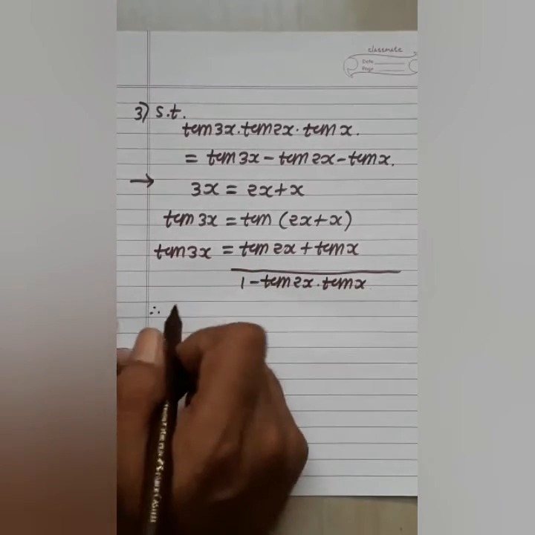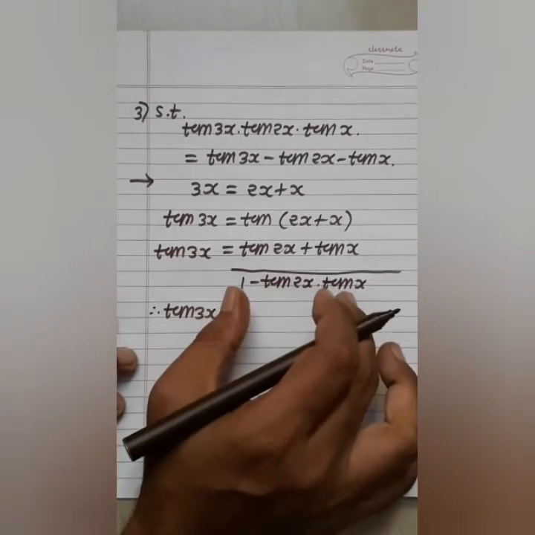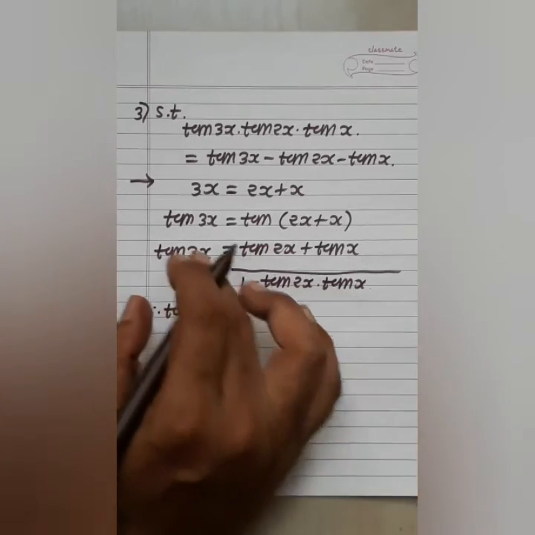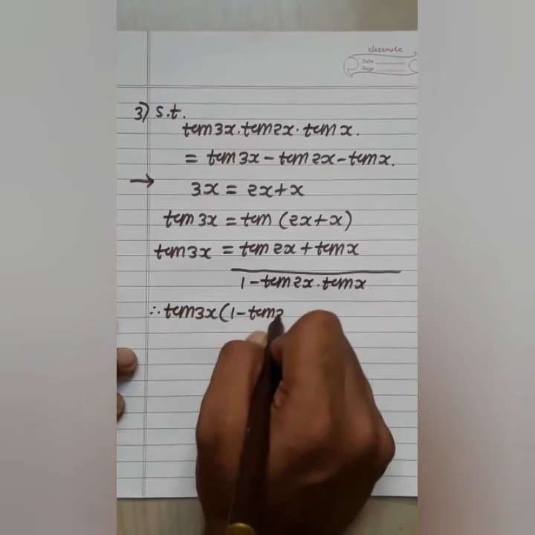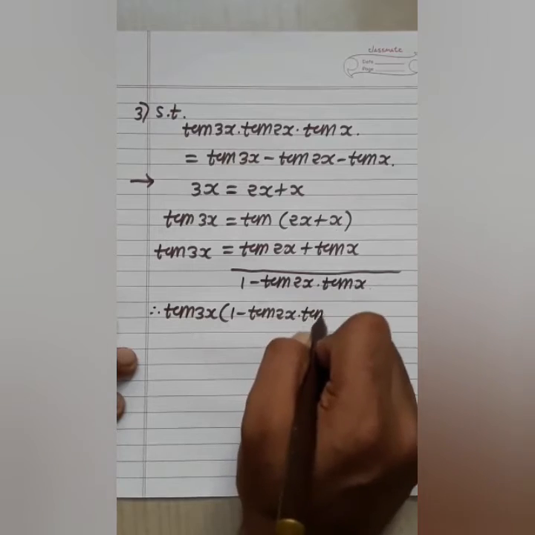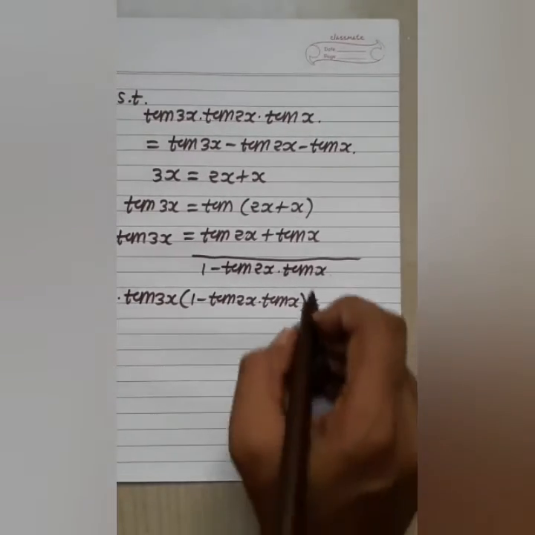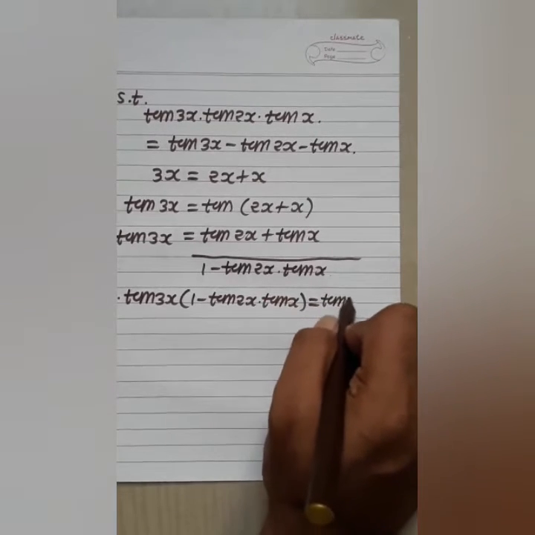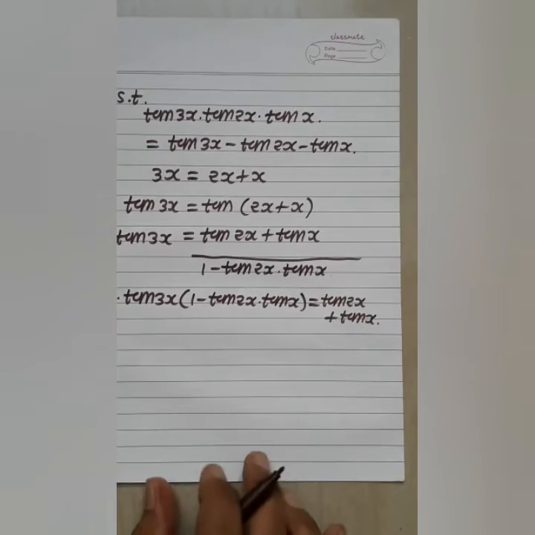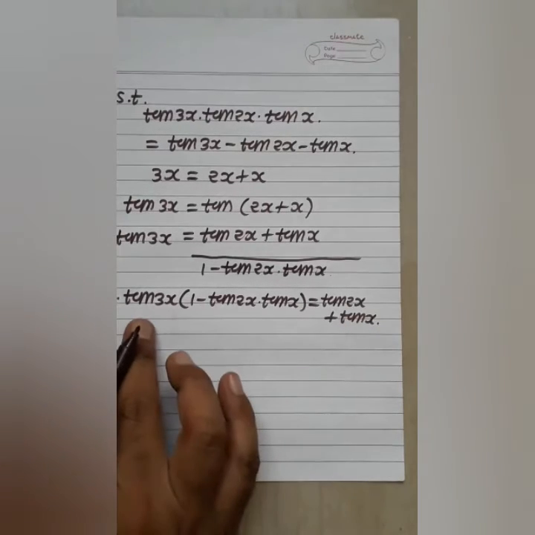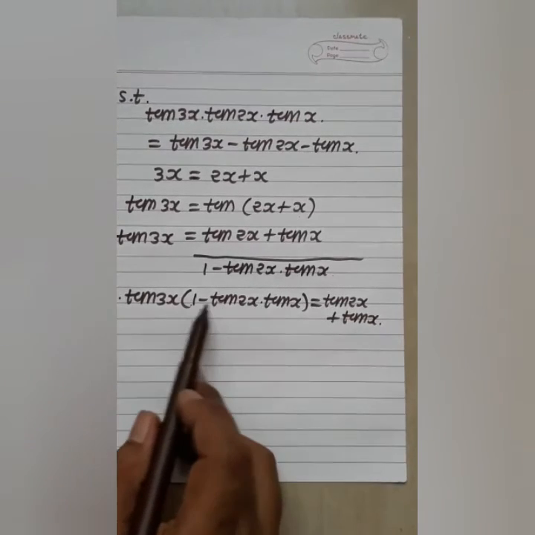So therefore here we can write tan 3x into bracket, this denominator term multiplied by tan 3x. So 1 minus tan 2x into tan x is equal to tan 2x plus tan x. Now tan 3x multiplies both of these terms. Here a total of 2 terms is present.